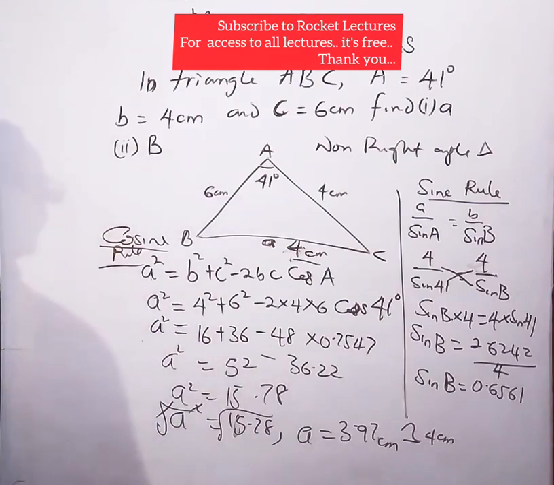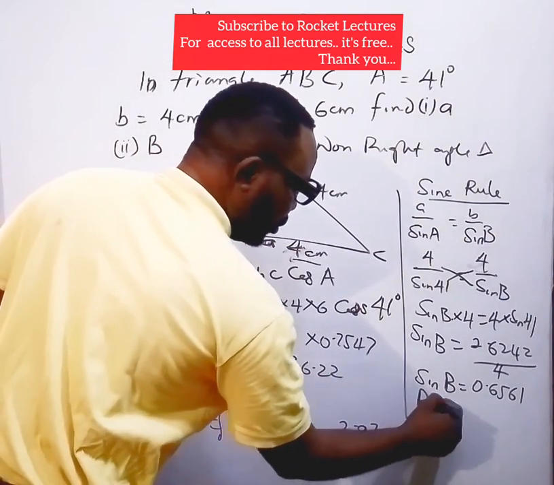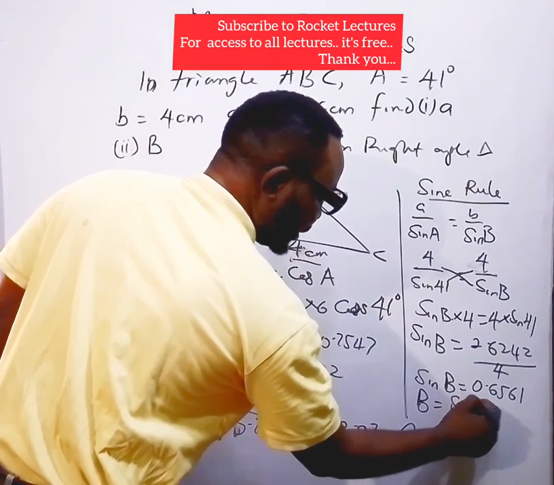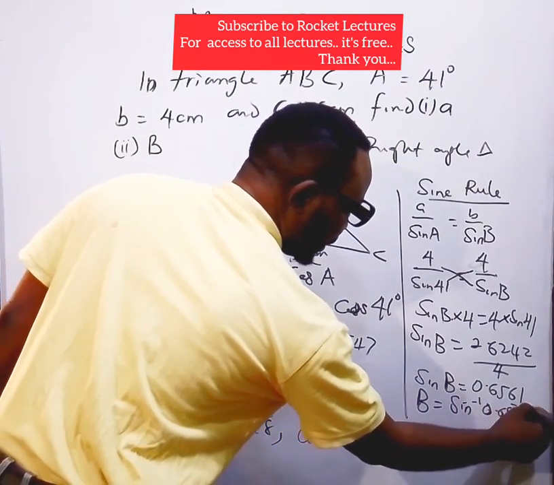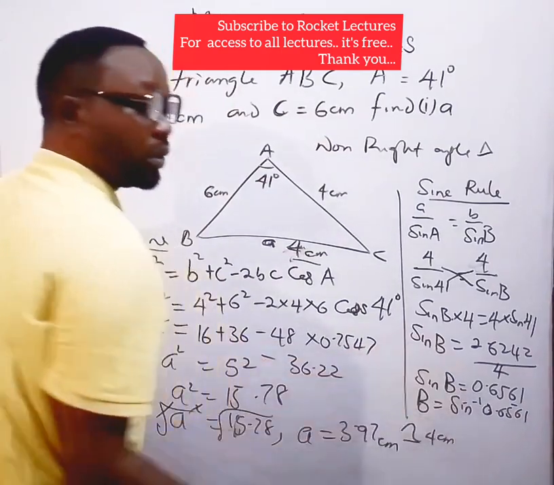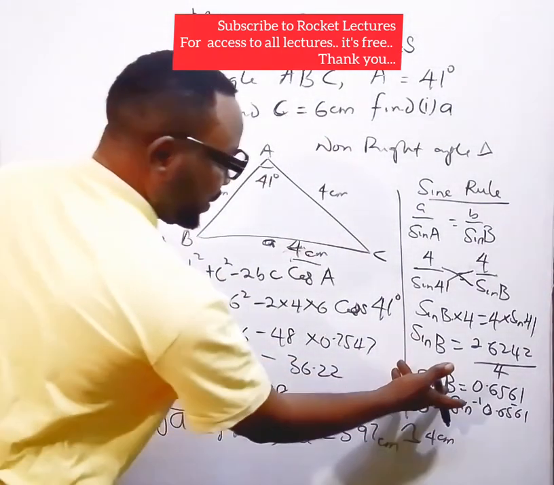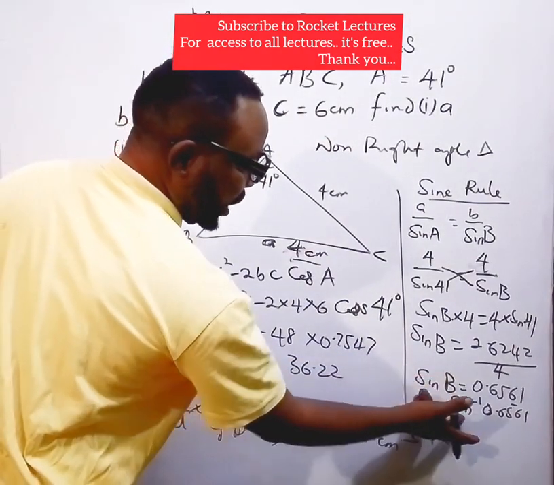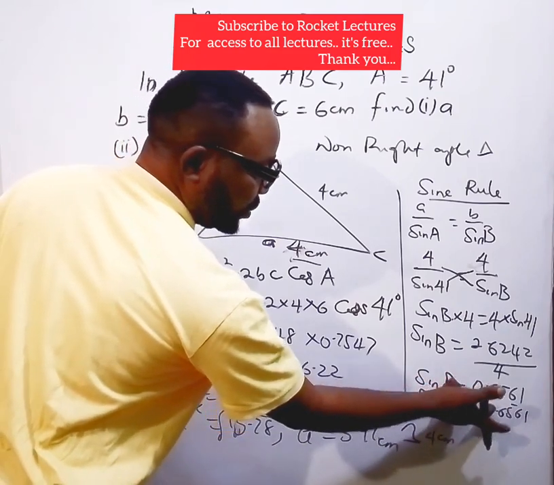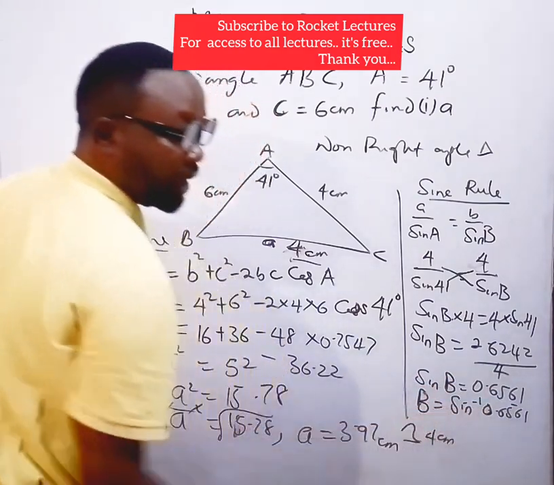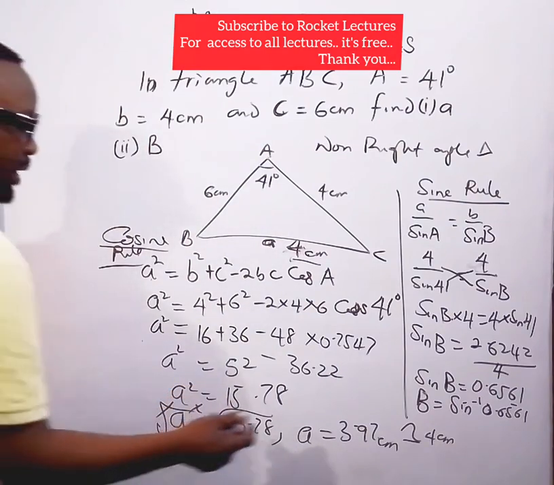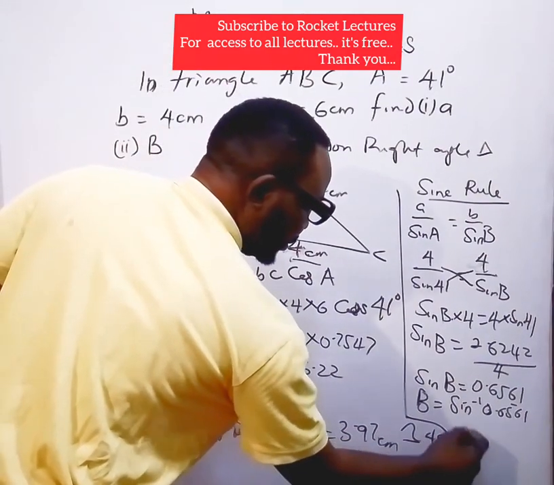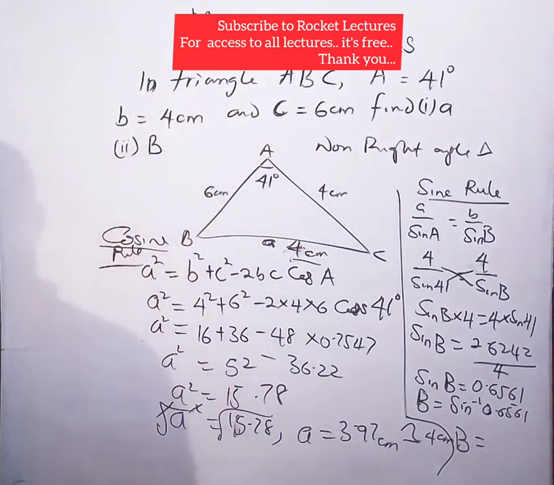Now, for us to find the value of B, B will be equal to sine inverse of 0.6561. What I did here is to divide both sides by sine, which is the meaning of sine inverse. Then our B here will be equal to sine inverse of 0.6561.